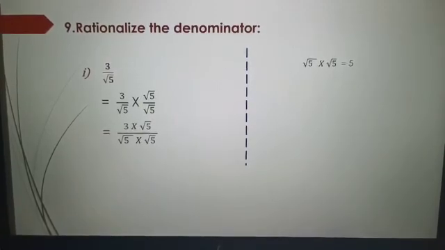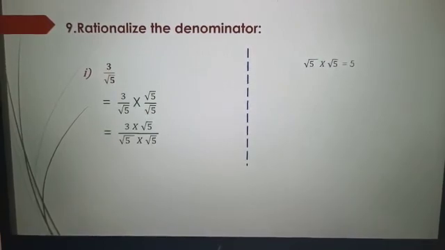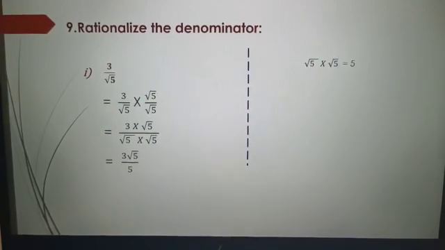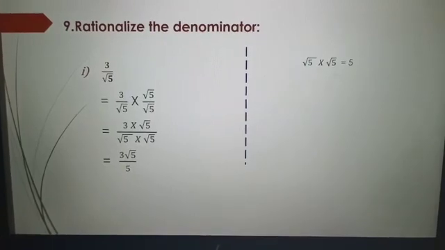When we multiply any two radical signs, we get only the radicand, that is 5, so the answer is 5. See here, 3 square root of 5 upon 5. This is the answer of this question.